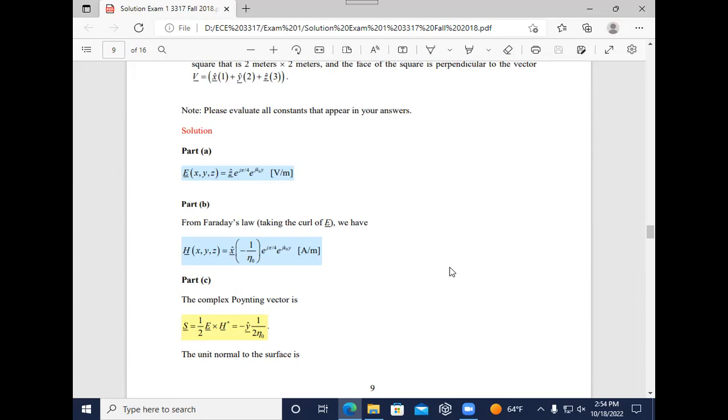And then it's going to be minus y hat times partial of Ez with respect to x, minus partial of Ex with respect to z. Okay, now stop me if I make any stupid mistakes, okay? So now we only have an Ez, so we don't have any y, and we don't have any x. So it looks like we get these two terms right here.